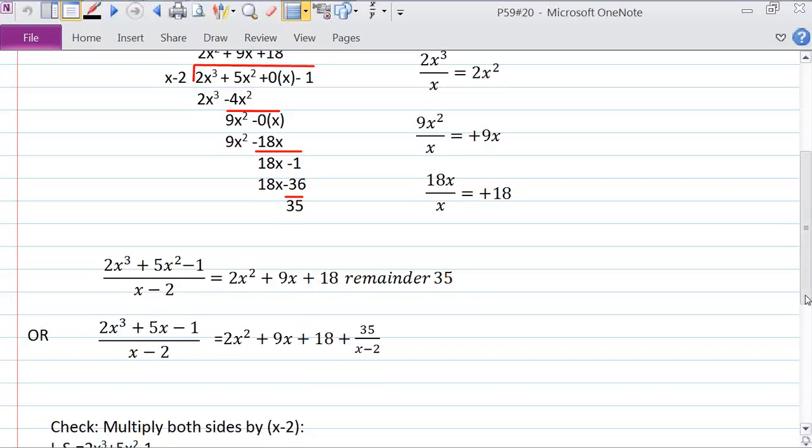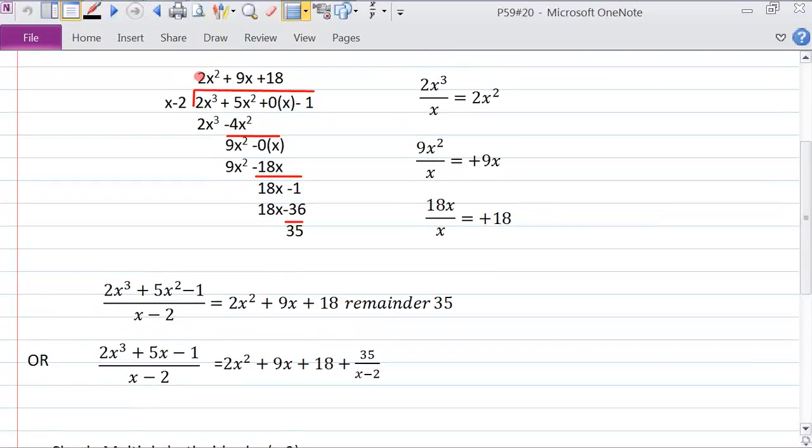If we just look over here, this divided by this gives me the quotient, 2x squared plus 9x plus 18 right here, but it doesn't go evenly. There is something left, remainder 35.